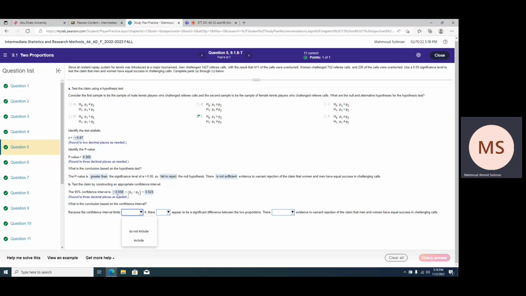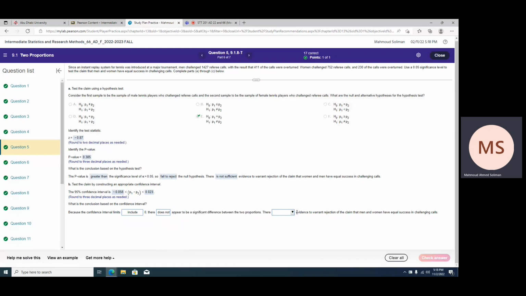So negative to positive, that means 0 is in between. So it includes 0. And when there's 0, that means there is no difference. So there does not appear to be a significant difference between the two proportions.